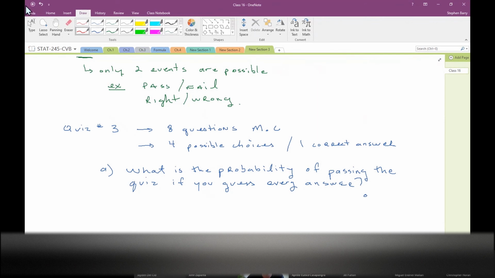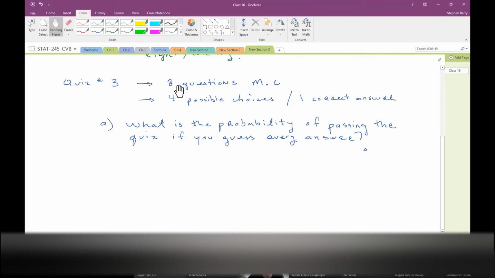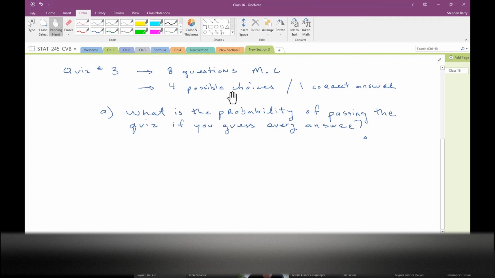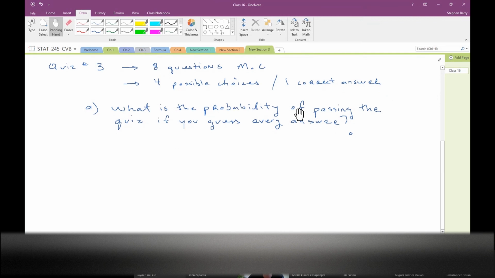But for now, you're going to know that this is a binomial problem for a few reasons. One, it's discrete. It's 8 questions, 4 possible choices. And what should come to your mind here is that if you have 8 questions on the test and 4 choices, 1 correct answer, on any given question, what is the probability of getting it right?